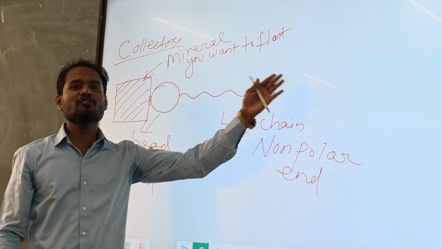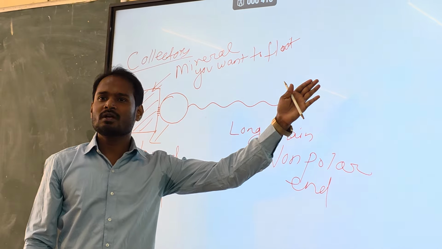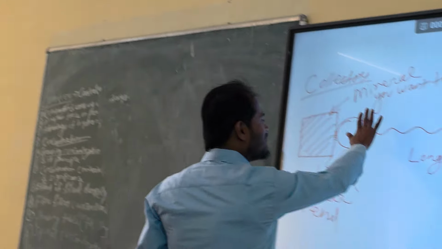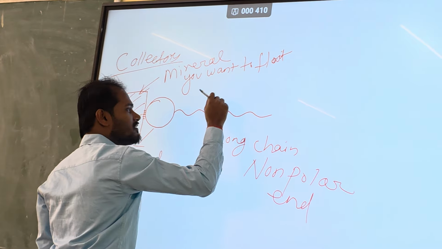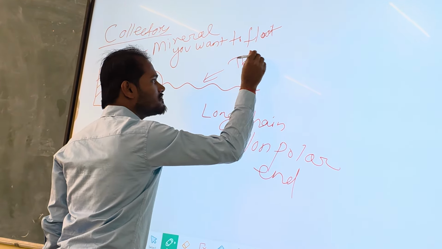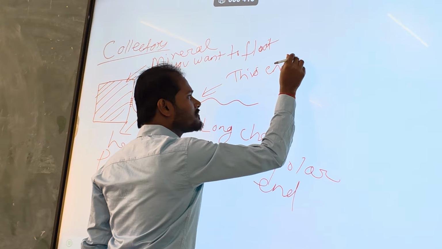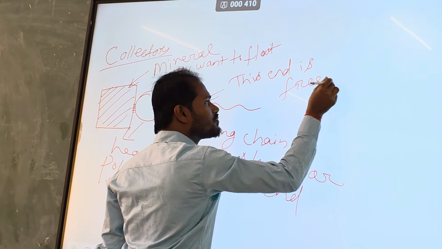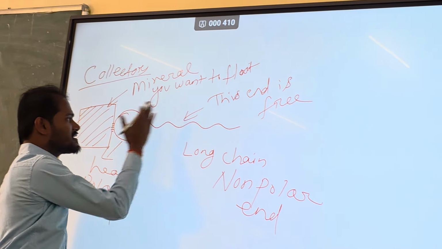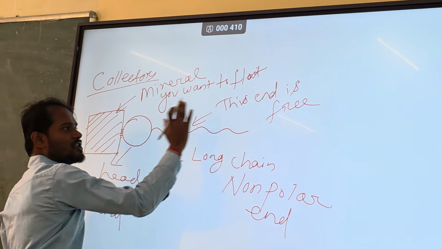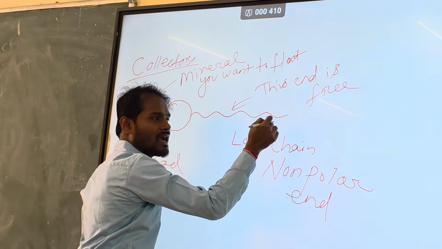So the other end is free. What did you understand? Does the mineral now become hydrophobic or hydrophilic? Hydrophobic. Why? Because this end is free. This end is free and this end is already attached, right? So this free end can be attached to what?